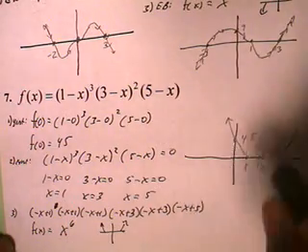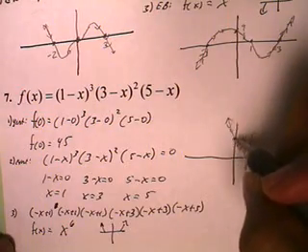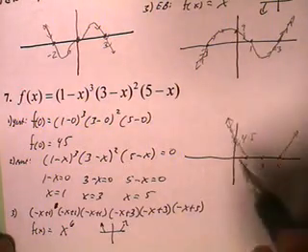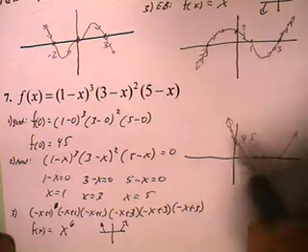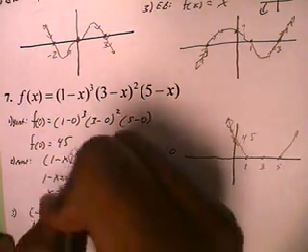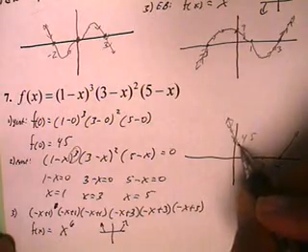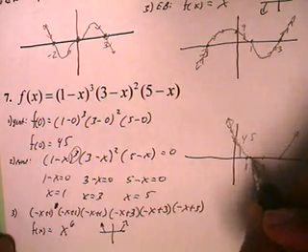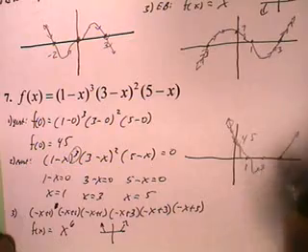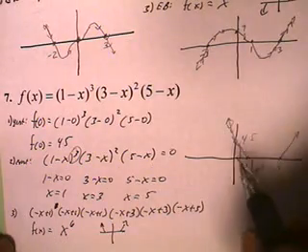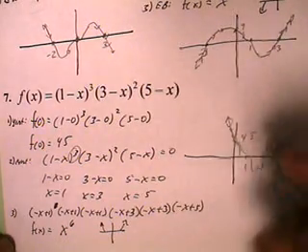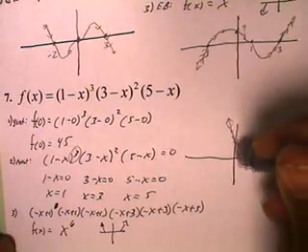Now let's go from left to right. As I go through 1, I notice that my 1 has a multiplicity of 3. That means it's going to be an S-curve, so it's going to go flat for just a second, and then come down and start heading toward the 3. Let's draw that a little neater.